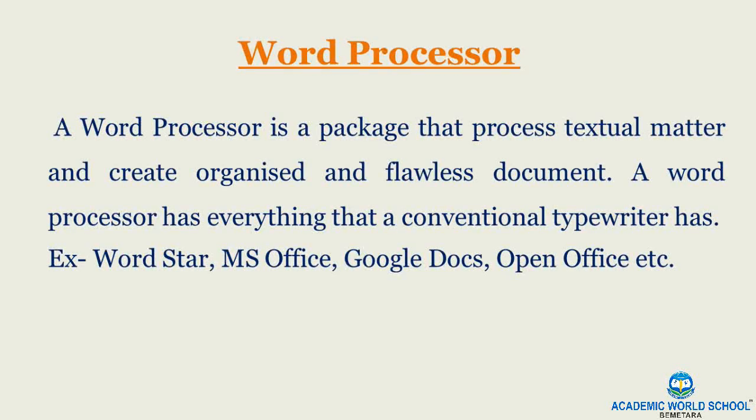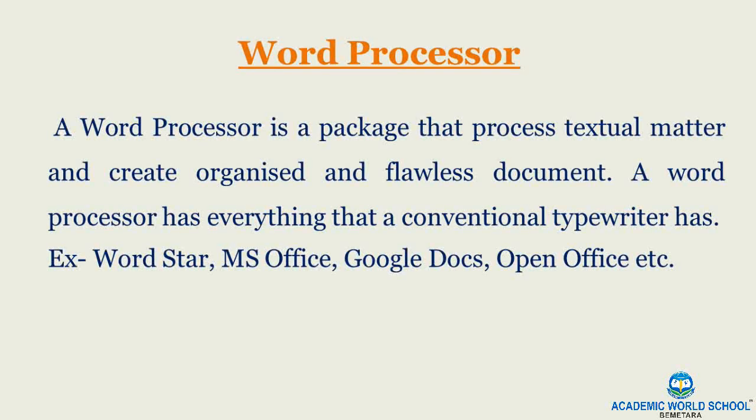Previously you must have seen the typewriter, which was used to write letters, and there were many issues with it. Now there is word processor software where you can do your task easily. Examples given here are WordStar, MS Office, Google Docs and OpenOffice.